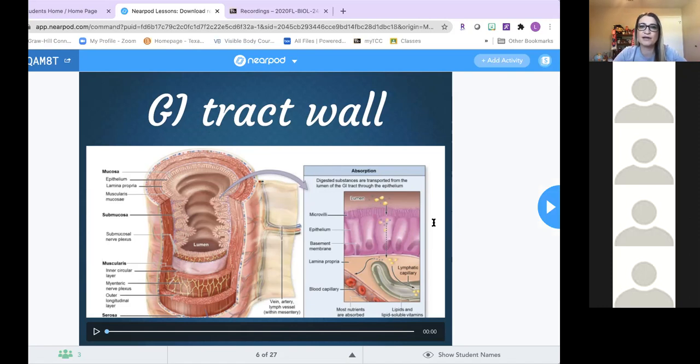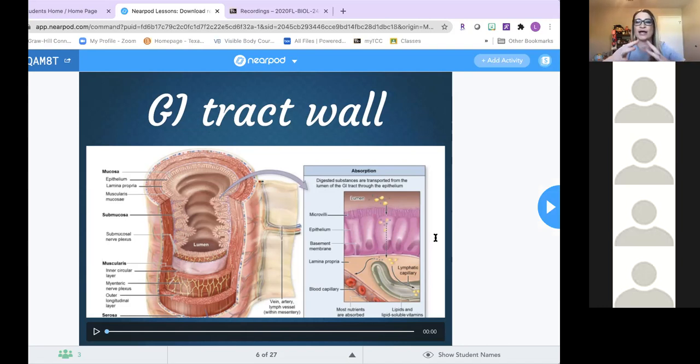Under the epithelium, you would see the lamina propria, and this is going to hold your small blood vessels, lymphatic vessels, and ends of nerves as well. The last layer of the mucosa is the muscularis mucosae, and this is the thin layer of muscle that's going to aid in expulsion of secretions from glands into the lumen of the GI tract.